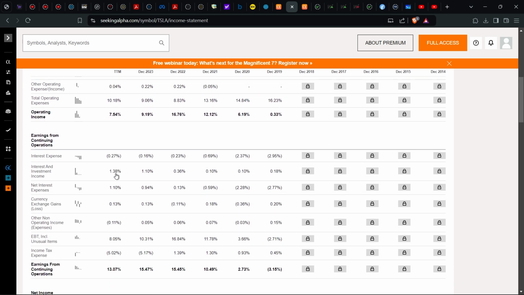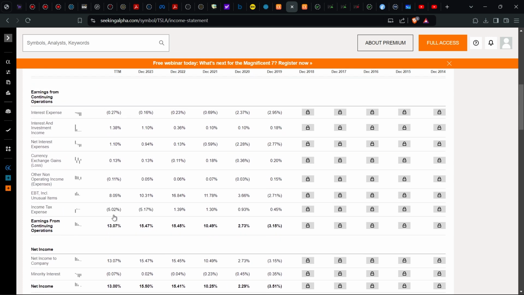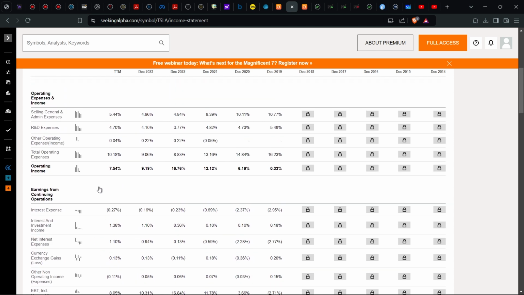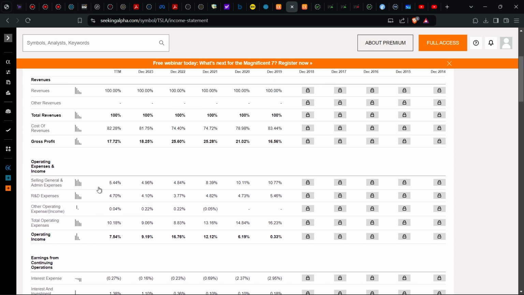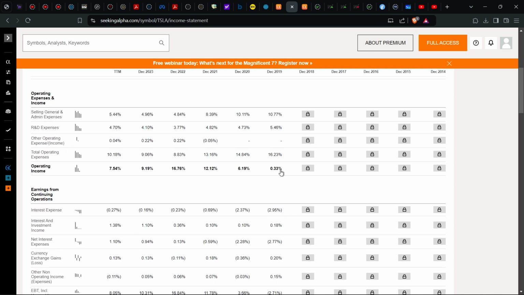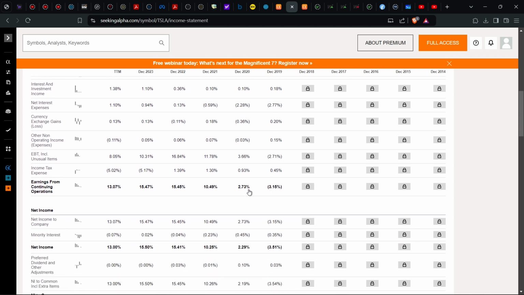And when you go to the net income, it's slightly higher because of some interest here and some other incomes that come in from operations. All right. And if you check back in 2019, you can see the company was actually quite struggling with these margins, and that's why it was a problem for them.